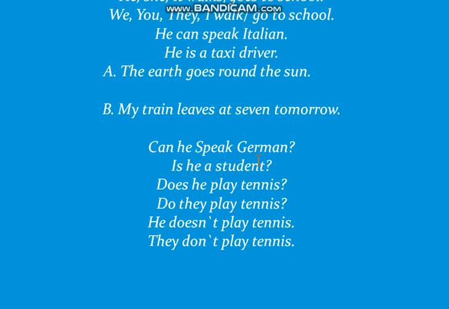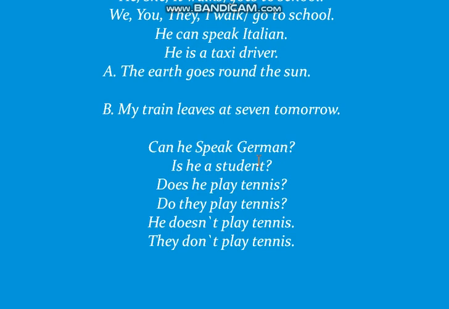As you can see, by putting does before the subject in order to change the sentence into question form, your verb wouldn't need an S or ES. Does he play, not does he plays. So you have to drop S in question forms, or ES for that matter. And for we, you, they, and I, use do. Do they play tennis?